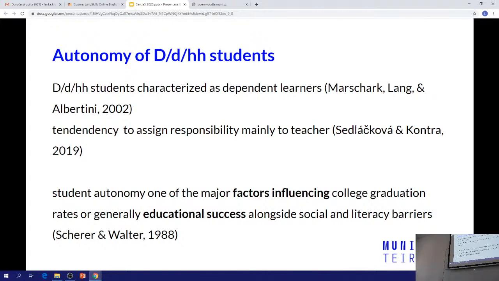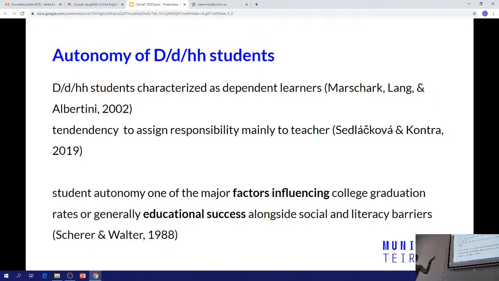They are very, very dependent. And it also seems that the educators of deaf and hard of hearing learners tend to, based on their own teaching beliefs, have very structured courses, very explicit learning, which doesn't really help creating or developing autonomy.